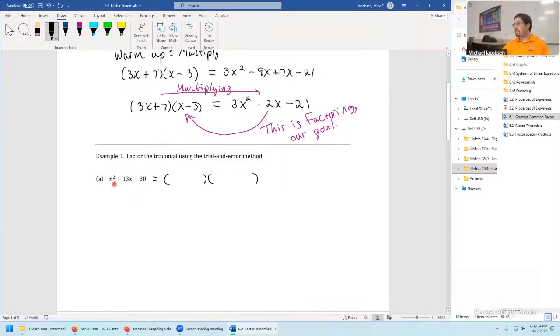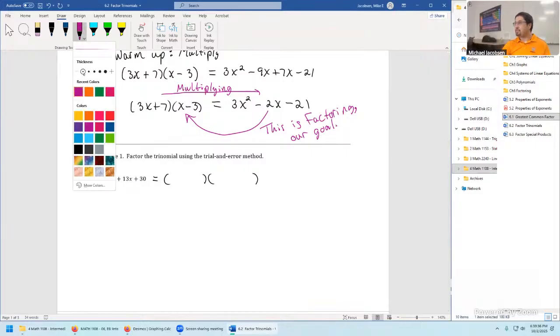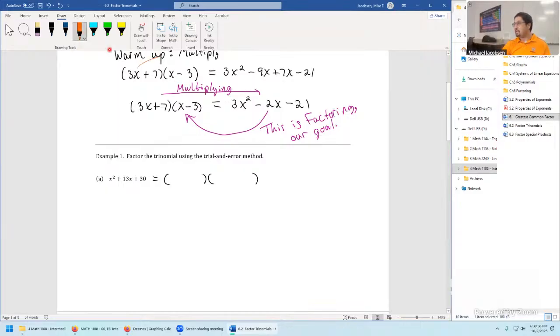So when we FOIL things out, recall the first thing we did was we multiplied here to here and got 3x squared. That was our number one step. Now that we're going backwards, we wonder, what can we put here and what can we put here that would result in an x squared if we multiplied it out? Well, one thought is x times x is x squared.